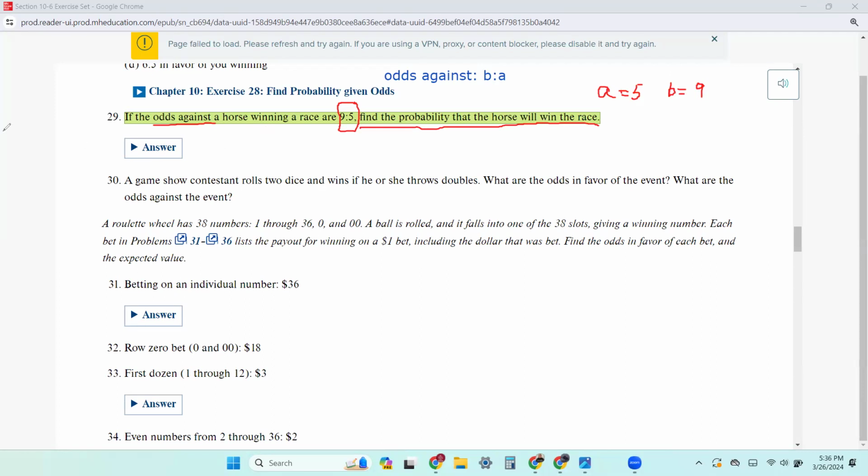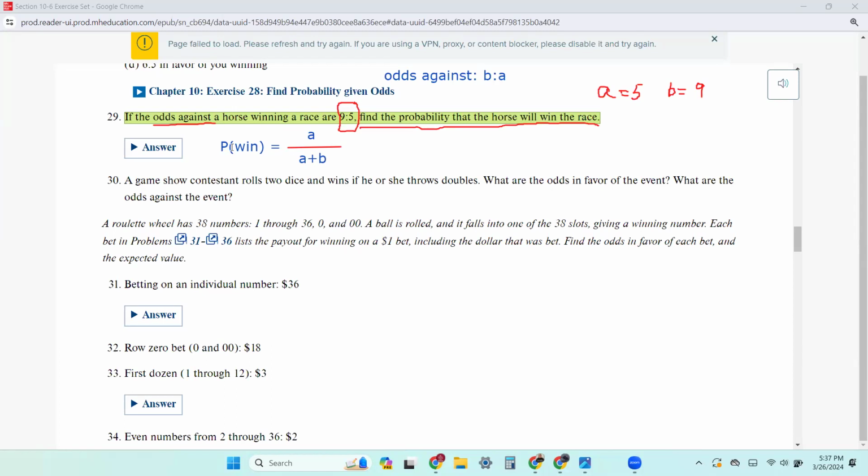And since we want the probability of a win, then what we've got is A over A plus B. If we've got odds, then we can create probabilities as such. For the probability of A or a win, we can use the A and B to create that.